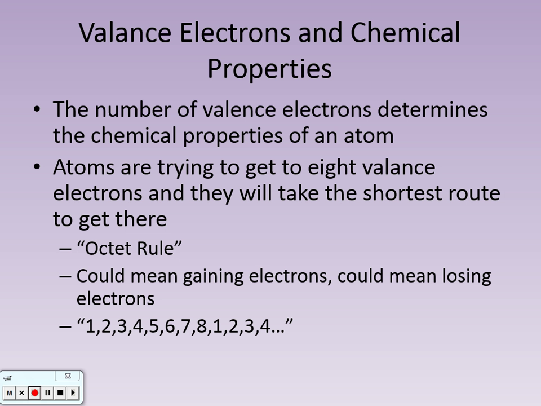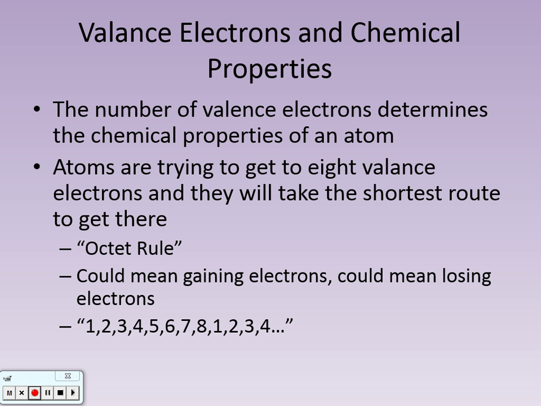So if you're already at 7, it's easier to pick up 1 to get to 8 than it is to go all the way back down to 1, right? But if you have 1, it's easier to lose that 1 electron than it is to try and pick up 7 more. 8 is the magic number. How you get there depends on how close you are. Okay? Good?